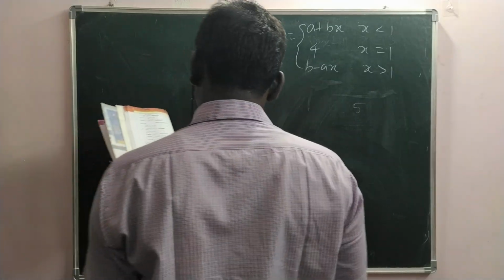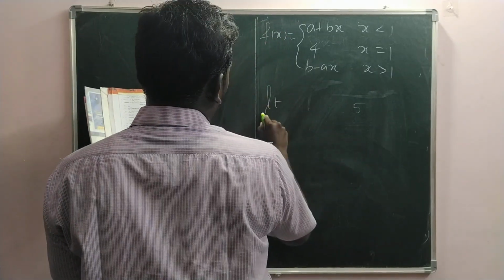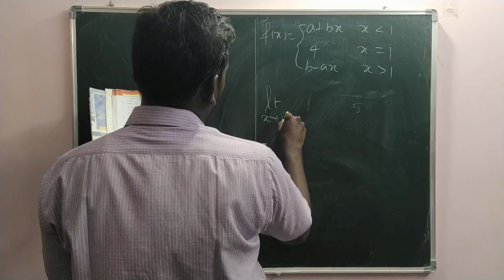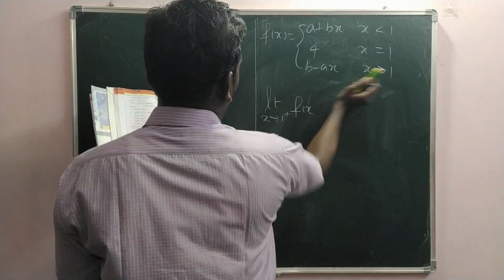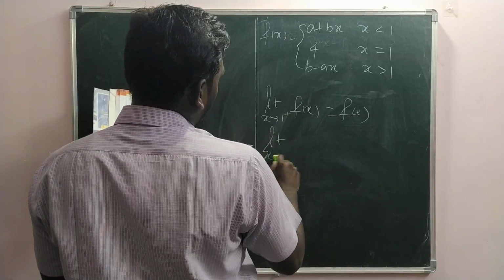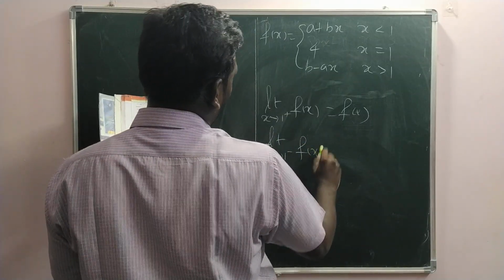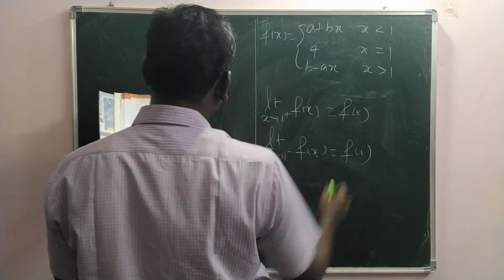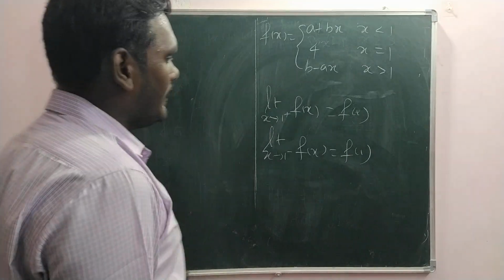Then they say limit x tends to 1 plus of f of x is equal to f of 1. Also, limit x tends to 1 minus f of x is equal to f of 1. In the question itself they are given. Then find the values of a and b.